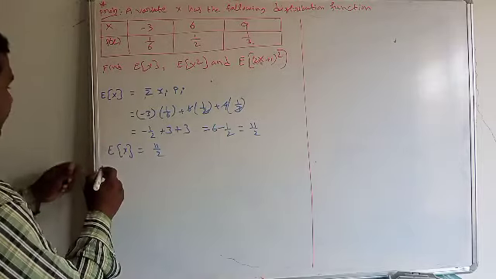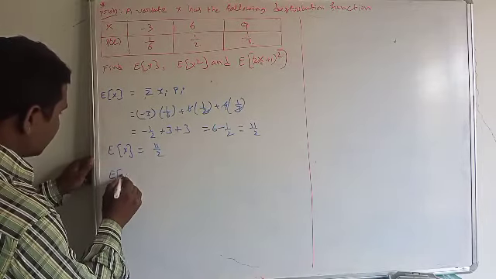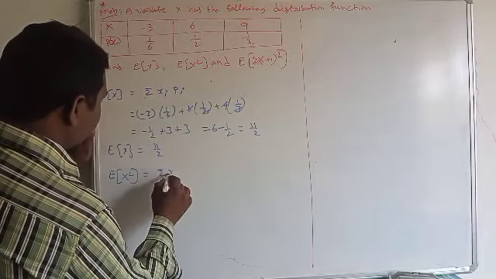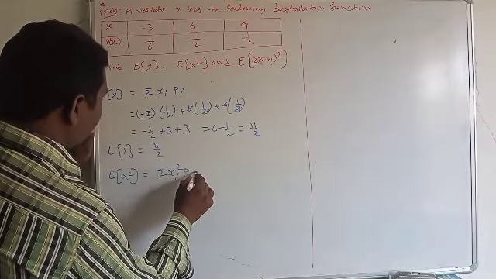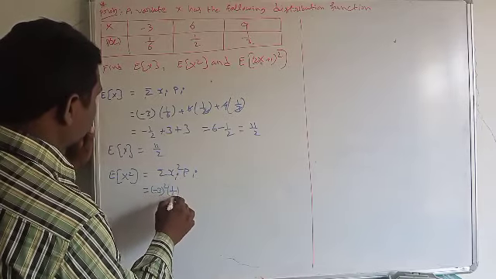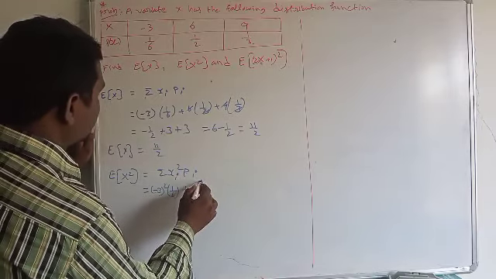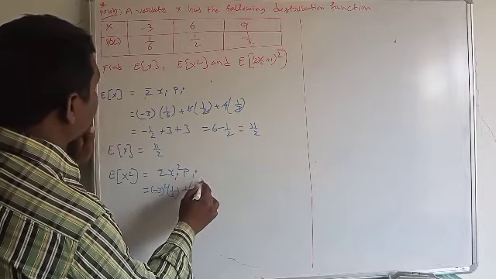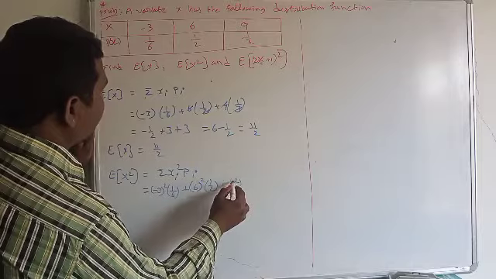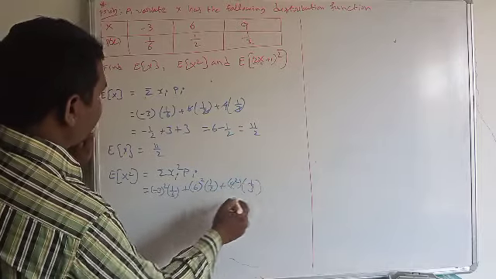Next, expectation of x square. Expectation of x square is equal to summation xi square into pi: minus 3 whole square into 1 by 6 plus 6 square into 1 by 2 plus 9 square into 1 by 3.